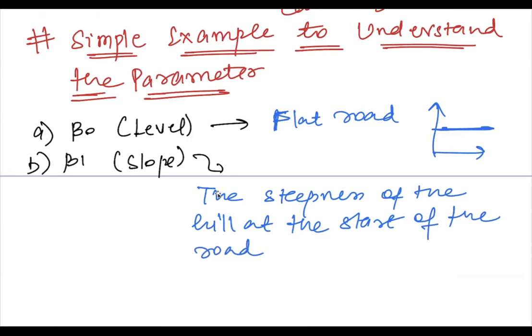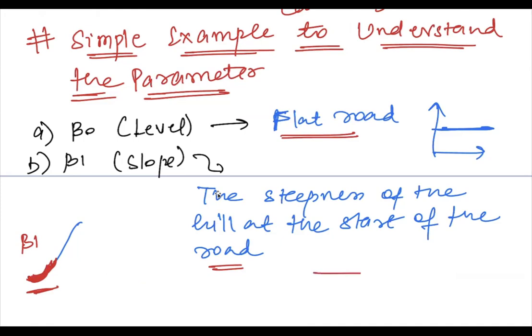This is how your hill actually looks. But the steepness at the start of the yield curve is what beta 1 is, or you can say the steepness of the hill at the start of the road. I'm just giving you a simple example so that you all remember. Beta naught is a flat road, and beta 1 is the steepness of the hill at the start of the road.